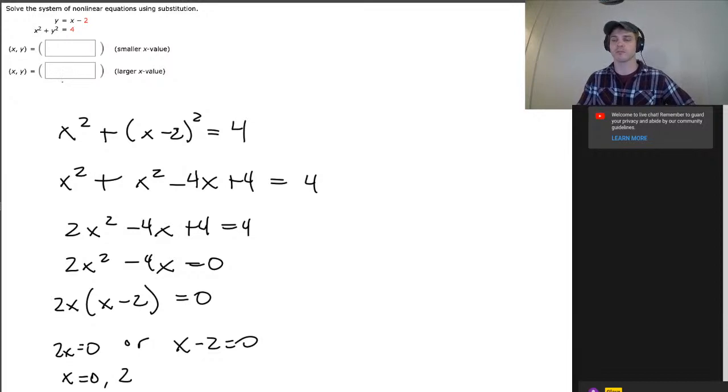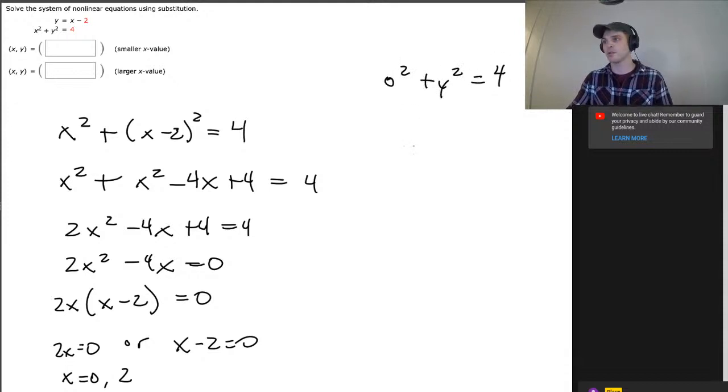We also need to be careful not to lose a root. So let's substitute these into the second equation. I'm going to take x equals 0 first and substitute that into the second equation. So 0 squared plus y squared equals 4, which means that y squared equals 4. And we can solve this by the square root method.